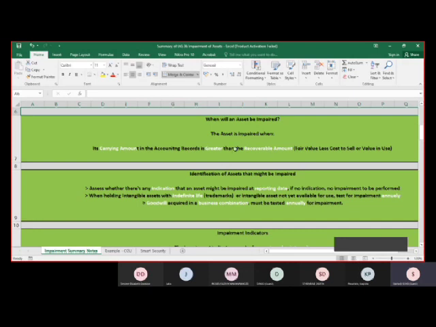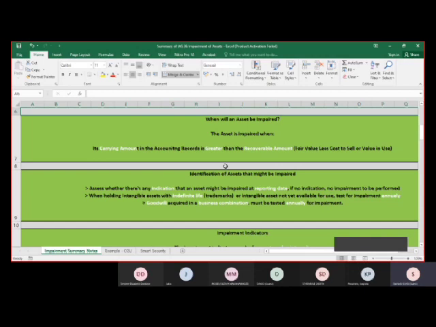But also, you need to ask yourself the question: when will an asset be impaired? An asset is impaired when the carrying amount in the accounting records is greater than the recoverable amount. If the carrying amount is greater than the recoverable amount, you have to bring the carrying amount of the asset back to its recoverable amount.